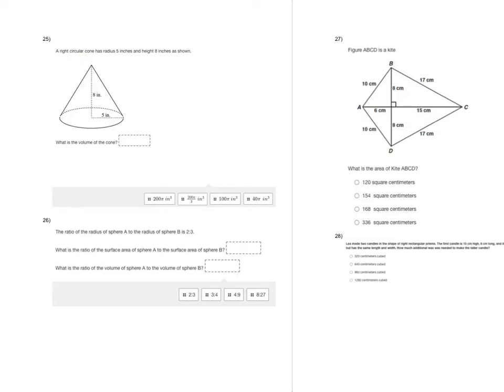So with a right circular cone in particular, and some other cones as well, as long as the base is a circle, really, the formula for the volume is pi r squared, the area of the base, times the height, and then divide that by 3.